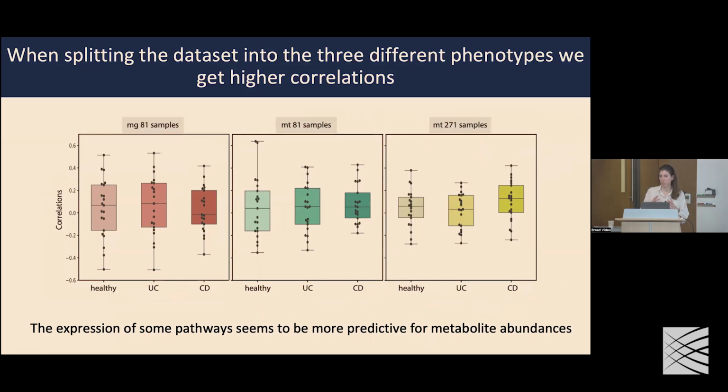So it's important to split the analysis using these 3 different phenotypes, and also the expression of some of these pathways seems to be indeed predictive for some of the metabolite abundance, but not all of them, since there are still a lot of them that are close to 0 or very low.